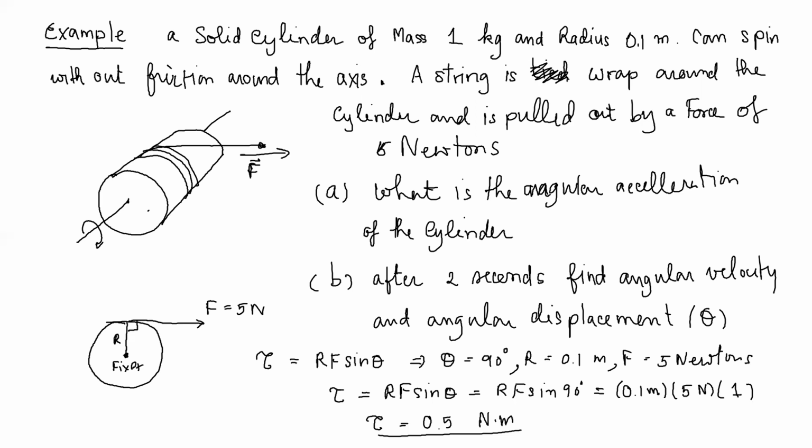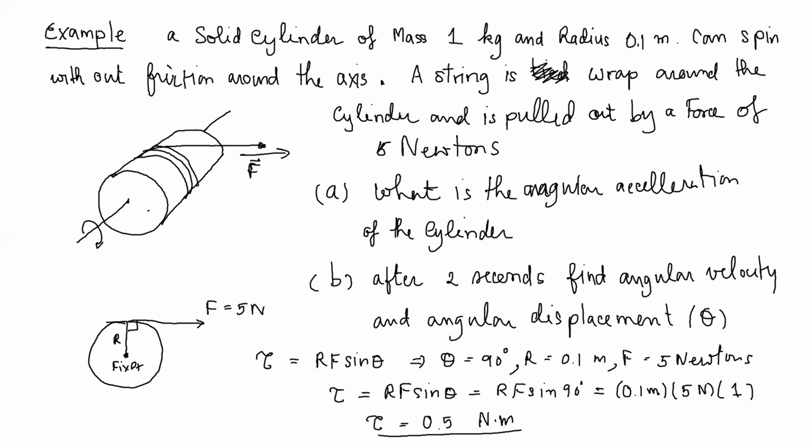What happens is that once the string is completely out of the cylinder, it will start to slow down. But as long as the string is pulling it, there is some torque, so it will continue to speed up.